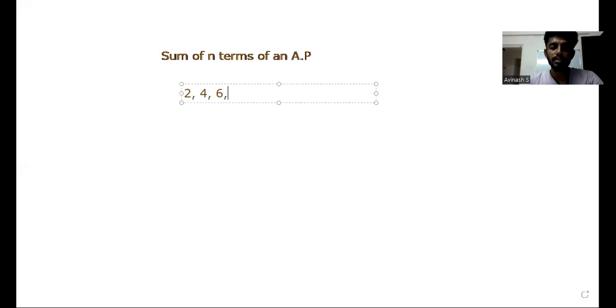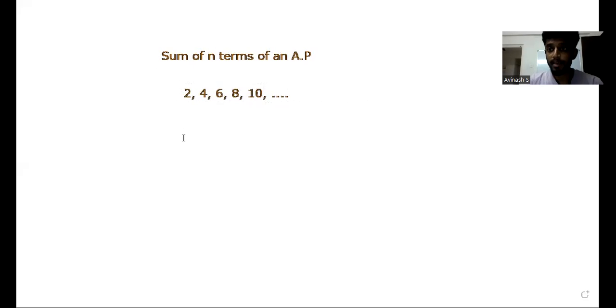The third exercise deals with the concept called sum of n terms of an AP. So what do we mean by this? If we have an AP, then we have some terms. For example, let me take the AP 2, 4, 6, 8, 10, and so on.